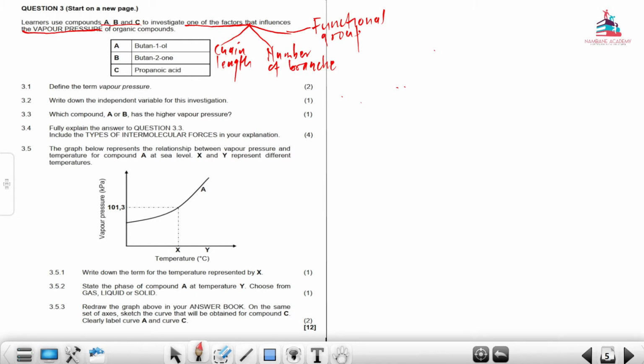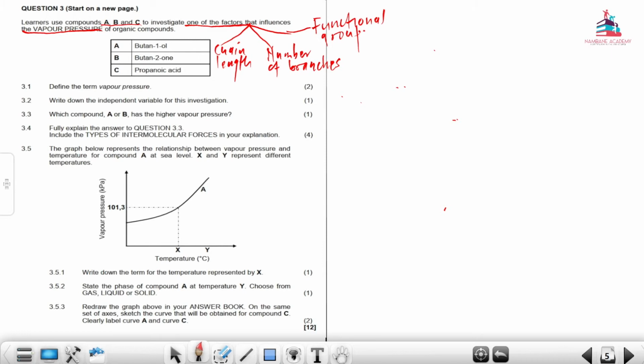If the examiner is going to ask chain length, we agreed that they must belong to the same homologous series and have different molecular mass or different molecular formula. But for the number of branches, we said they must be isomers of each other. So they cannot be isomers of each other because now they don't belong to the same homologous series. So definitely the examiner in this case is asking me something related to the functional group.